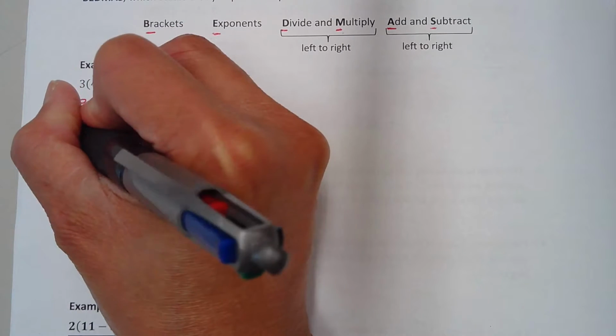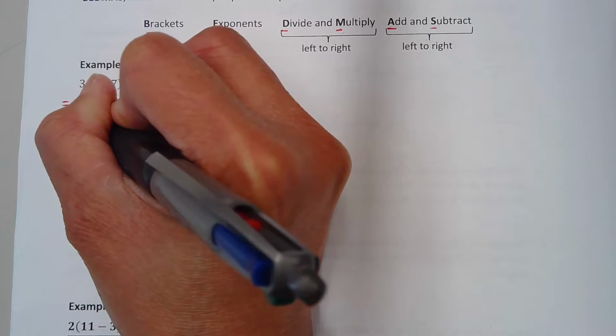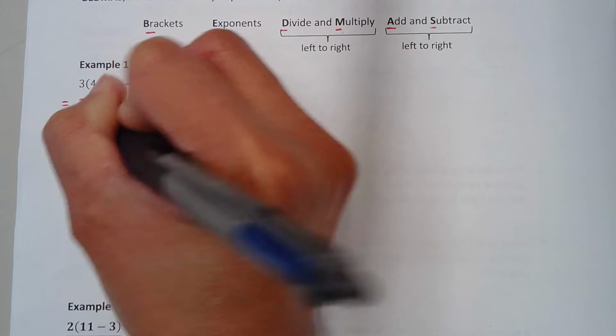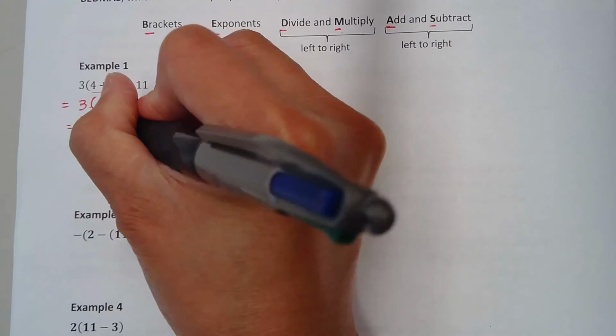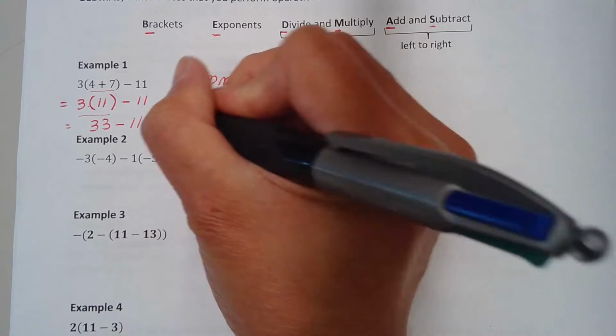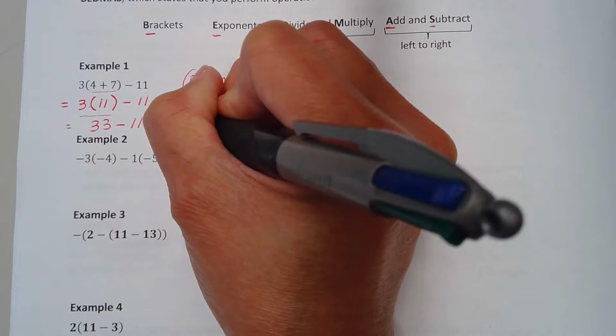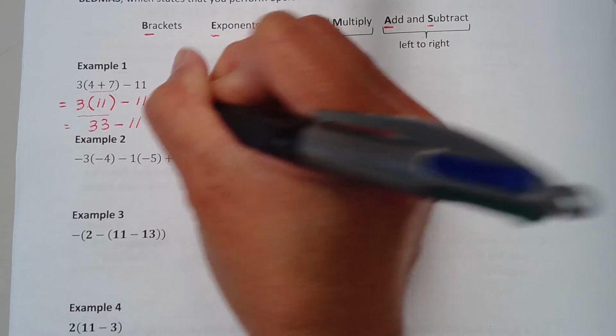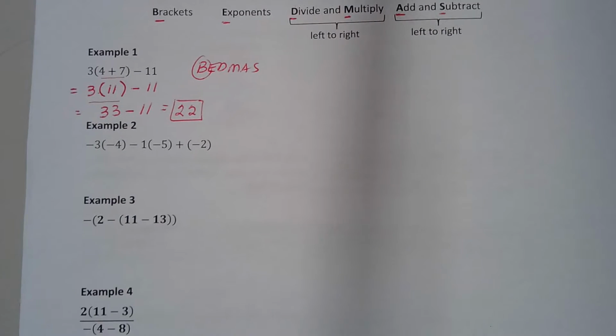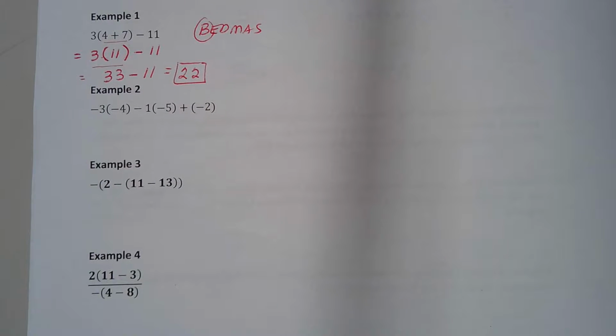This is a multiplication piece. 3 times 11, which is 33, minus 11. And then 33 minus 11 is 22. So the answer is 22. Okay. Any questions there?